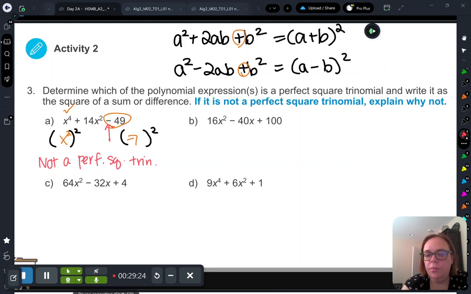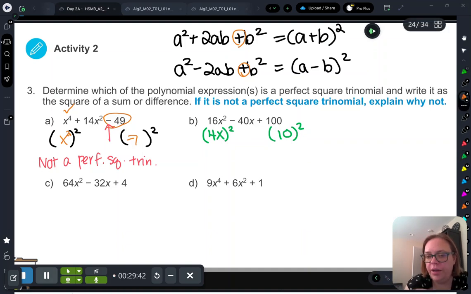Okay. B, 16x squared minus 40x plus 100. Okay, let's see. Got to check, is this a perfect square? It is. It's 4x squared. And 100, is that a perfect square? Yes, that's 10 squared. Okay, it's looking good so far. Now you check the middle. The middle should be 2 times 4x times 10.